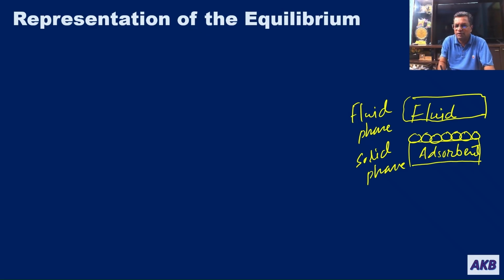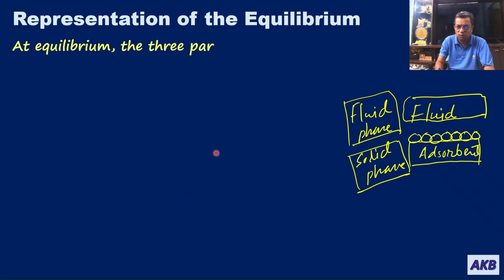An equilibrium will be reached between the fluid phase and the solid phase. And when an equilibrium is reached, three parameters are involved. So at equilibrium, there are three parameters that are involved. And which are these three parameters?